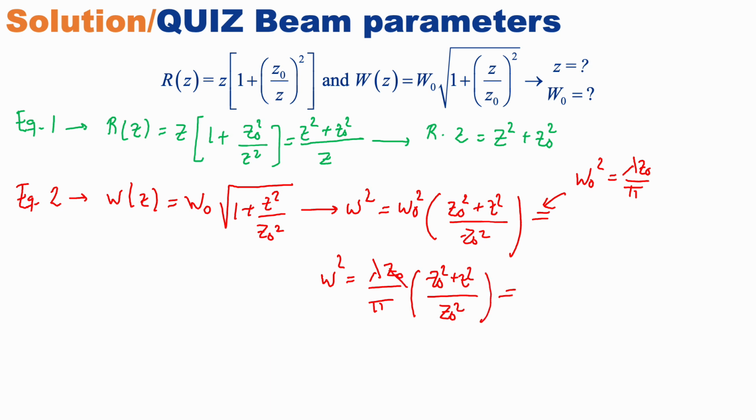And now these do not cancel each other, so we have lambda over pi times C sub 0 plus C squared over C sub 0, the square of the Rayleigh range and the square of the distance.